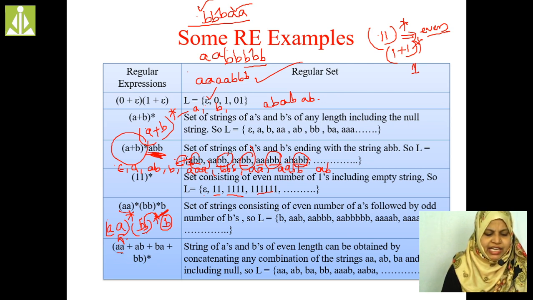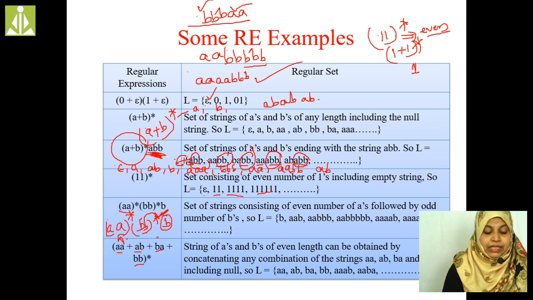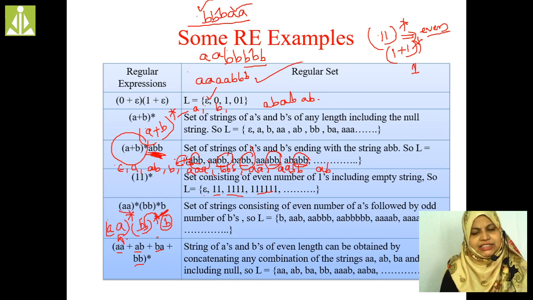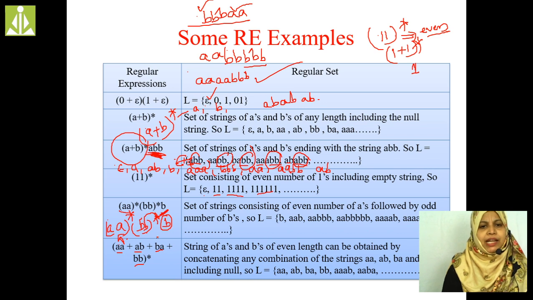See here AA, even number of A's, BB, even number of B's. Here AB is there, BA is there. Here the combination of A, B. So any set of A's and B's of even length is going to be obtained by this particular language.